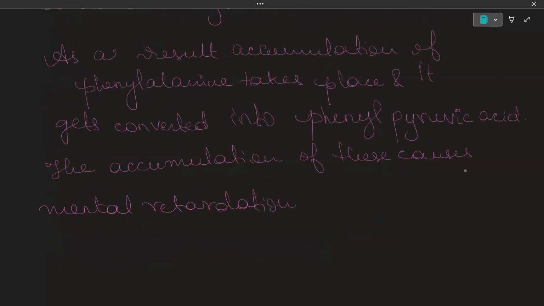So this is the whole entire disease, that is phenylketonuria. The thing to be remembered here is that it is an autosomal recessive disorder. Clear? Any doubts? Done? Noting it down?